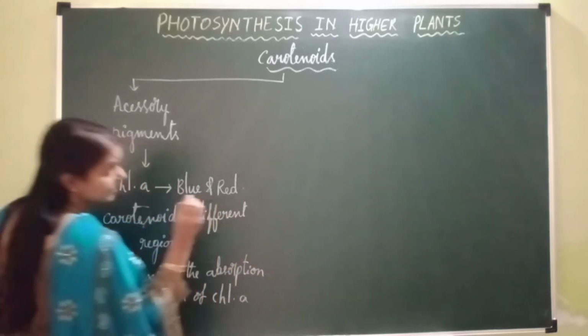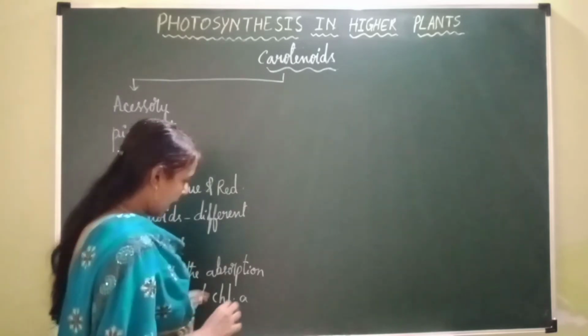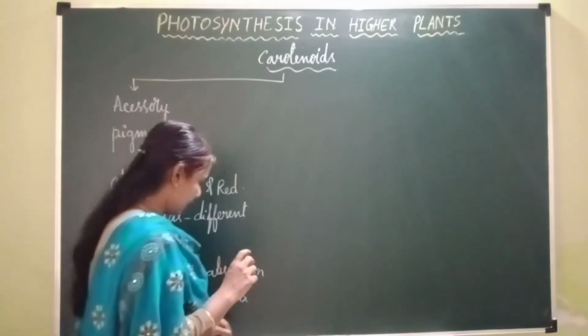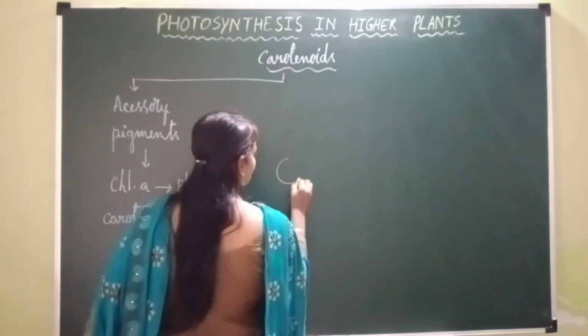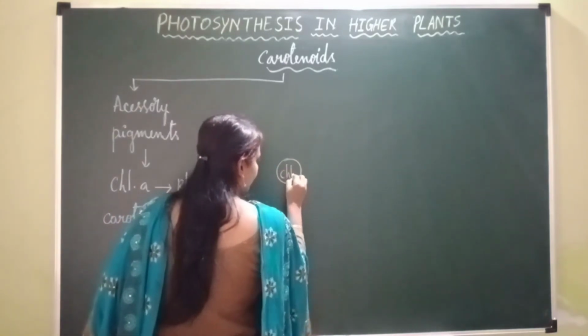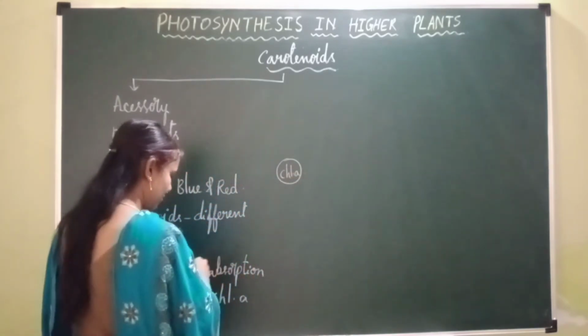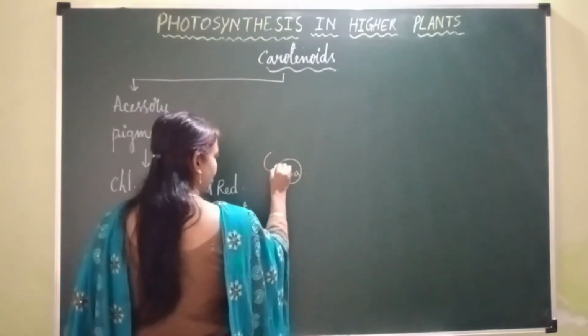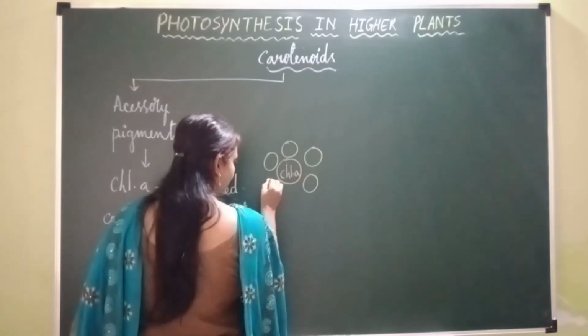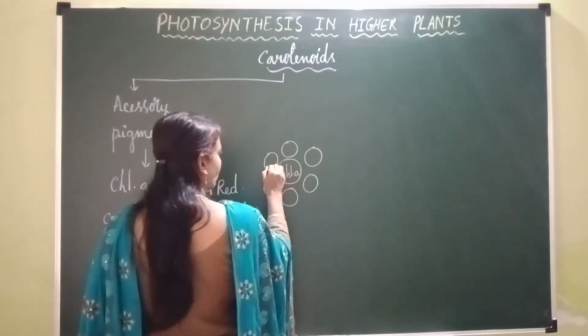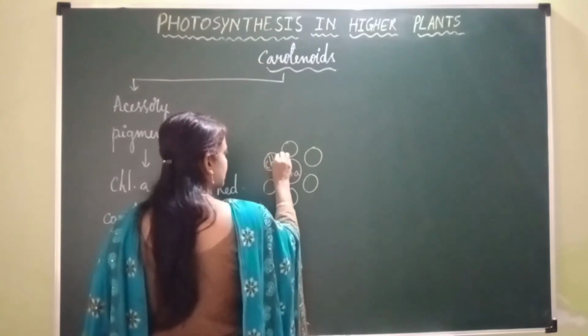Let's see how they are arranged inside the thylakoid membrane. Chlorophyll A is present at the center, forming the reaction center. Around this chlorophyll A, other pigments like chlorophyll B, carotenes and xanthophylls are present.